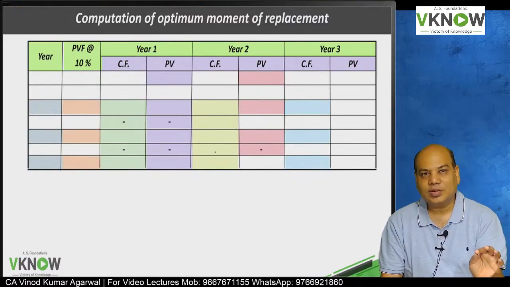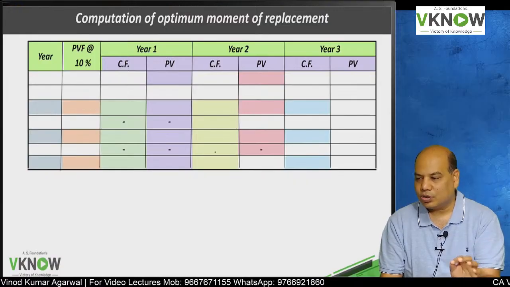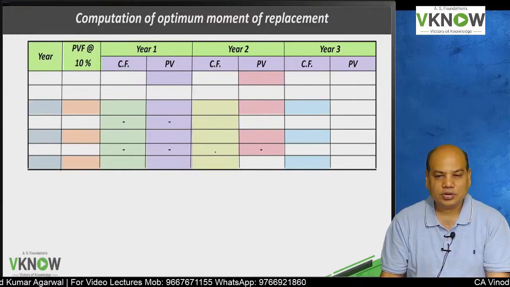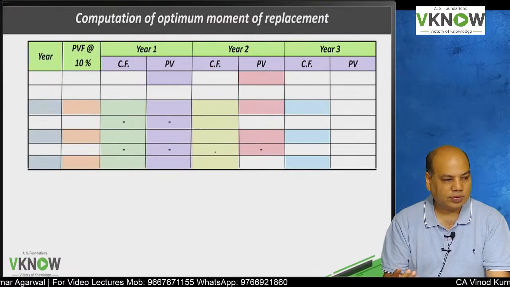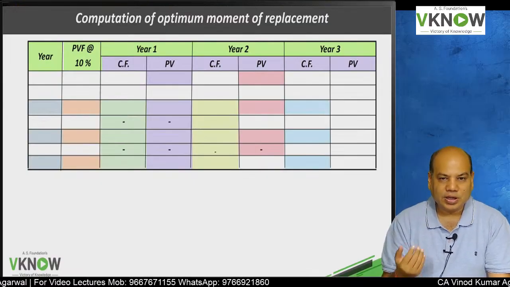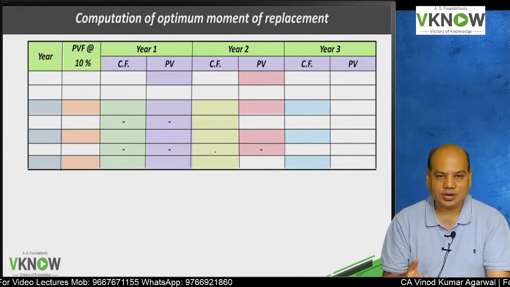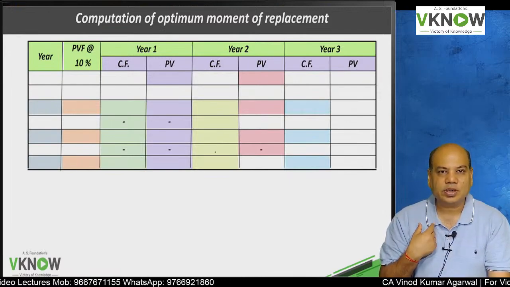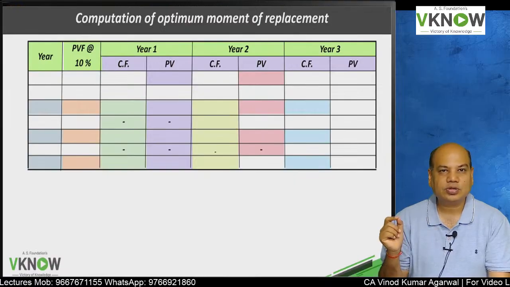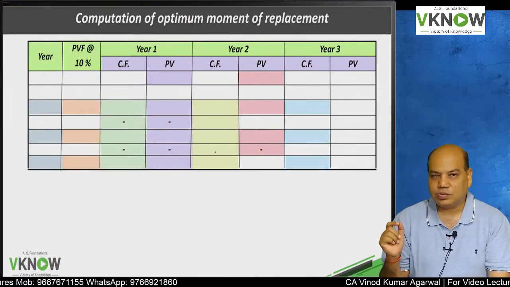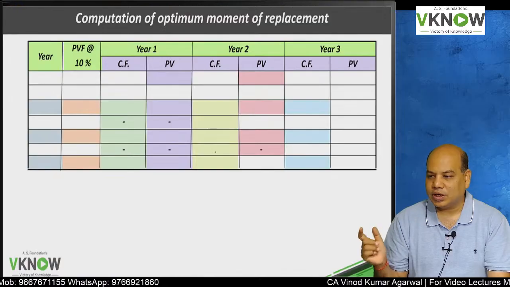You have to get same EAC for all the 3 options. So we have actually 3 options, whether I should replace after year 1 or after year 2 or after year 3, and my objective is minimization of my usage cost. So I will choose the option with lowest cost per annum.